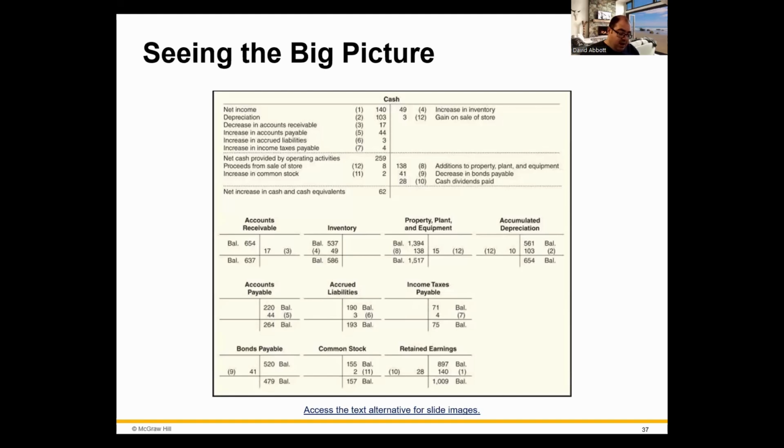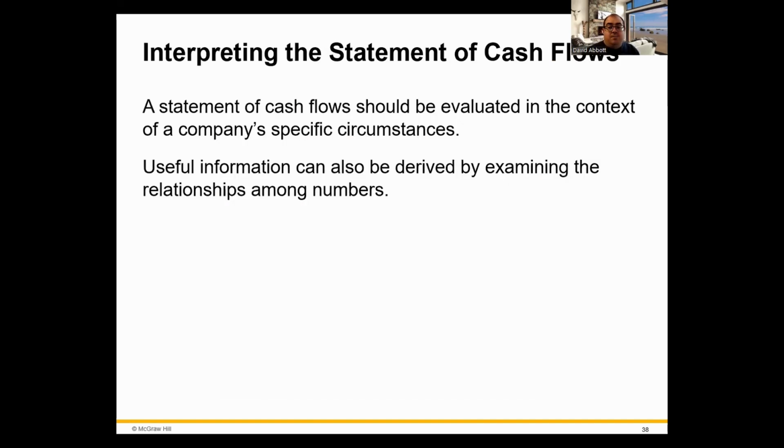The second entry adds depreciation of 103 million to net income. Entries 3 through 7 adjust net income for the changes in the current asset and current liability accounts. Entries 8 through 11 summarize the cash outflows and inflows related to property, plant, and equipment, the retirement of the bonds payable, the payment of cash dividends, and the issuance of common stock.